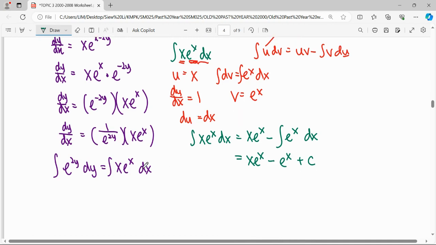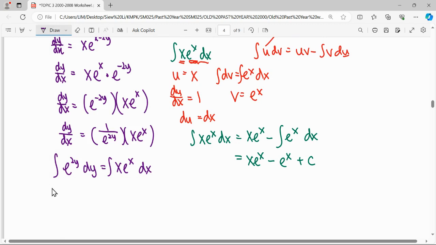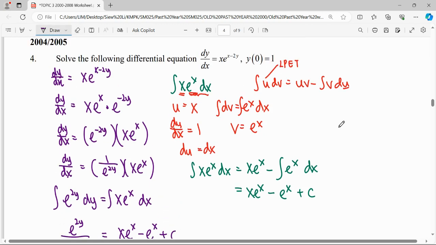After we are done with the right hand side, we continue with the left. Integrate the exponential, so exponential 2y over the coefficient of y. Then integrating the right side, we get x e to the x minus e to the x plus c. So we get the general form first before we substitute the values.